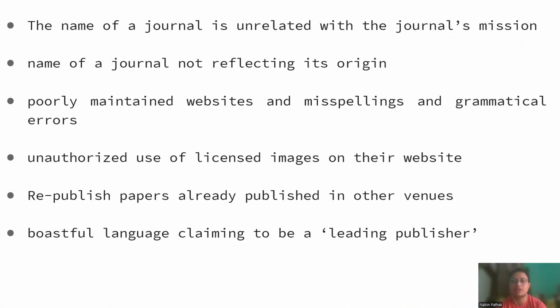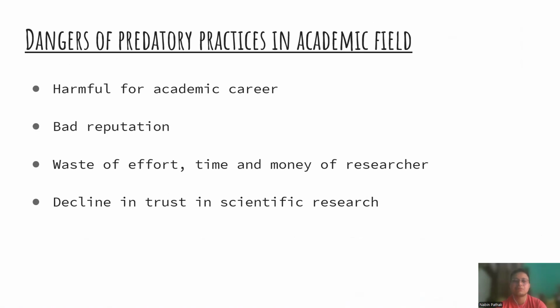If you see a journal with a poorly maintained website, misspellings, and grammatical errors, you need to understand that there is something doubtful about the journal. Other signs are unauthorized use of licensed images on their website, republishing papers already published in other venues, and boastful language claiming to be a leading publisher.